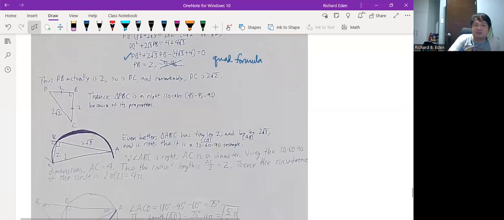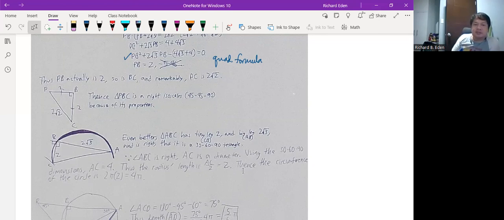So back to the circle, 2 square root of 3, and then 2, and then 90-degree angle. Because the long side 2 square root of 3 is square root of 3 times 2, ibig sabihin 30, 60, 90 triangle is what we have here, from which it follows AC is a diameter. So there are many factoids from different places in geometry coming into play here.